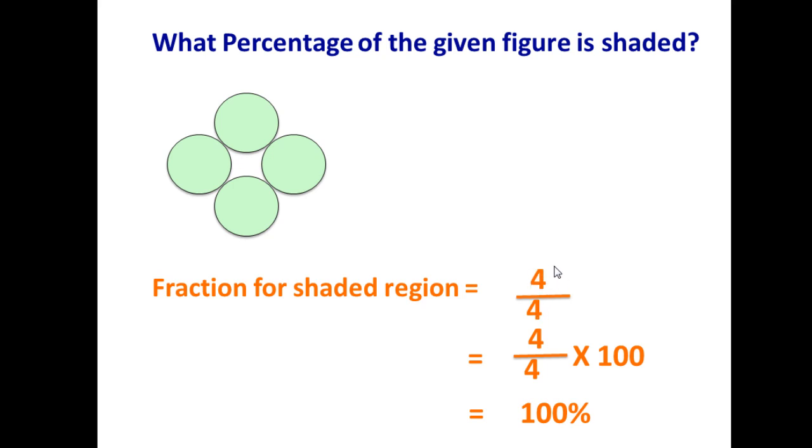The number which is shaded is written in the numerator and the total number is written in the denominator. Like in the previous question, it was 3 over 12, it means 3 were shaded, 12 were the total. Now here 4 are shaded and 4 are total. So you get one after cancellation, and now you have to convert it into percentage. What do you need to do with percentage? Multiply by 100. Clear? So you get 100%.